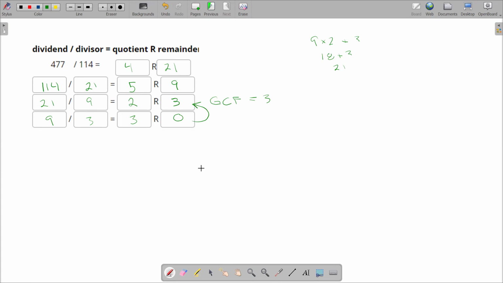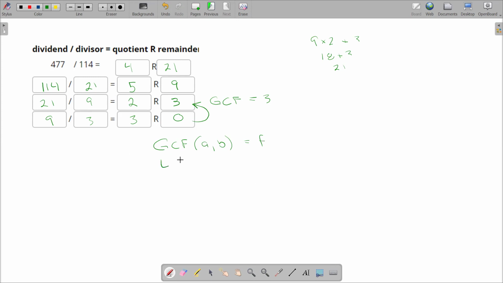Now, with only 2 numbers, we can always use the greatest common factor to find the lowest common multiple, because we learned earlier that the greatest common factor and the lowest common multiple split the factors. So what that means is if you're trying to find the greatest common factor of 2 numbers, let's call them A and B, let's say that answer, we'll call that F for factor.